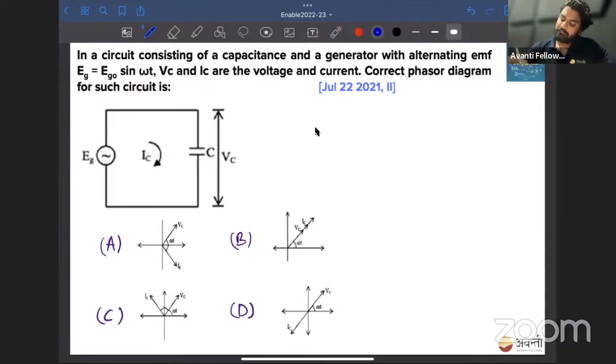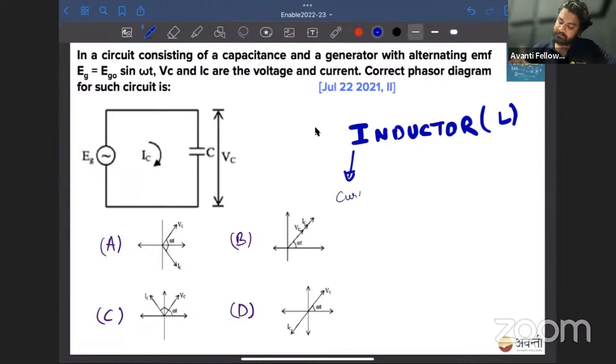So bachcho, I have told you, remember this word, inductor, ब्रैकेट में L. इंडक्टर मतलब करंट and L मतलब lag. So current lags in inductor means current will lead in capacitors. Okay. So if current is leading in capacitor, then let's see which option has the leading current.